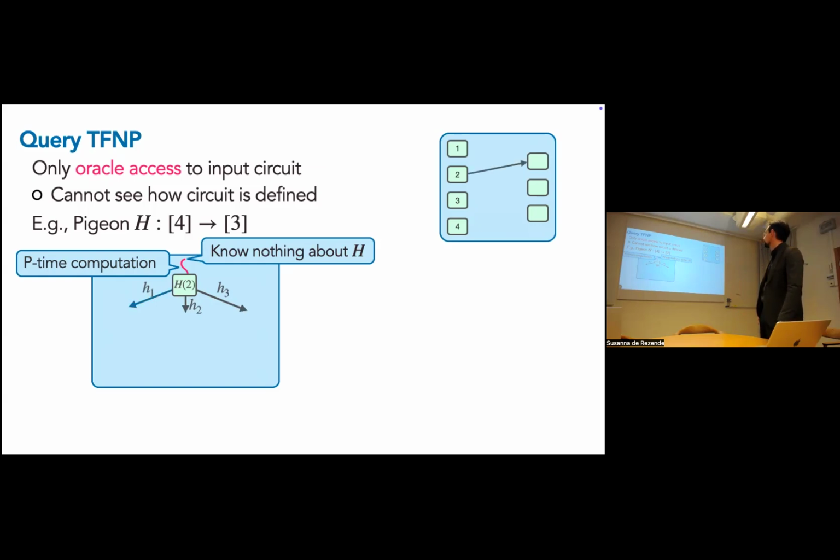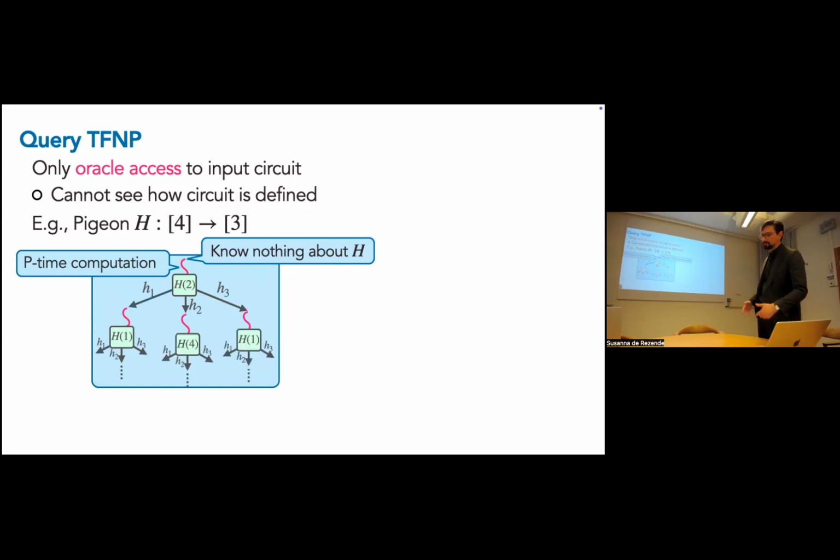Let's go down the branch where it flies to hole 1. So pigeon 2 went to the first hole. And then we do some more polytime computation, ask about maybe pigeon 1. And it goes there. We found a solution if we went down the branch where it went to H1. More generally, you get this big thing that looks like a decision tree.